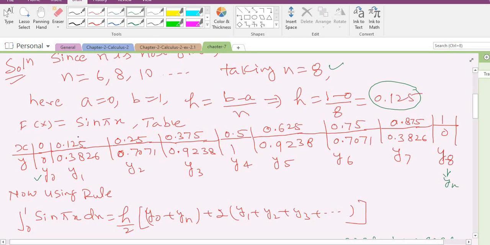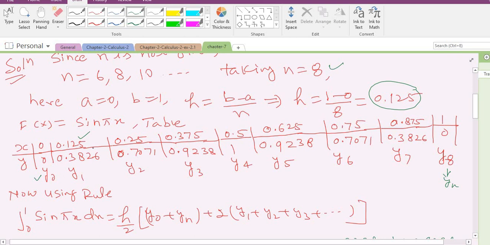Now x is equal to 0.125. When you put x equal to 0.125, what is the value of y? Value of y means this f(x). Substitute here, sine pi x with x as 0.125. When you calculate by fixing your calculator in terms of radian, it comes like that.